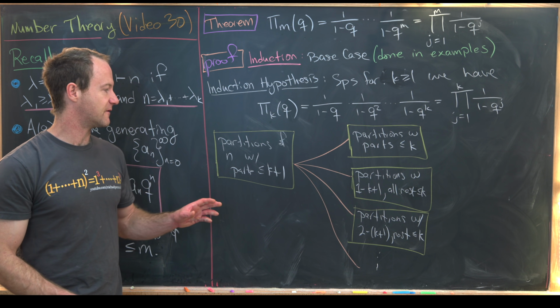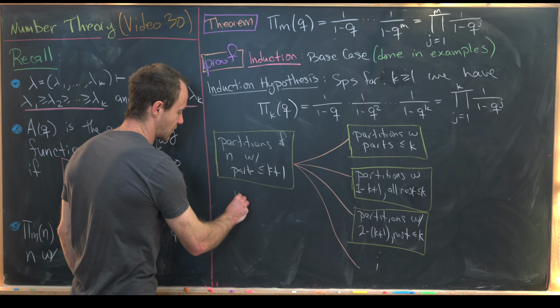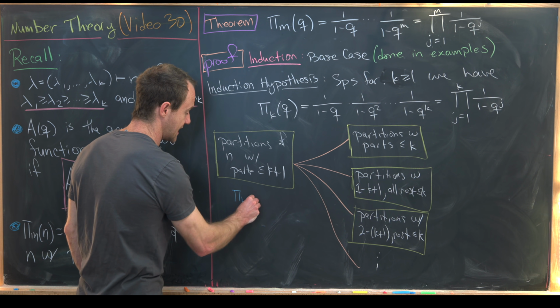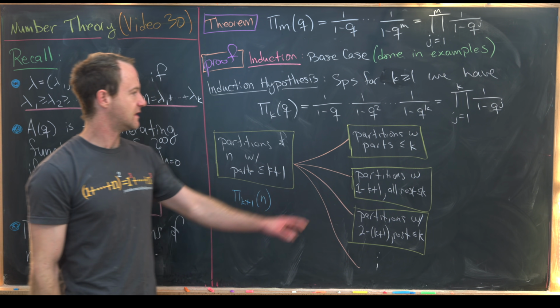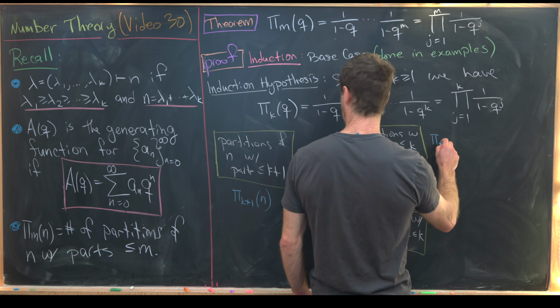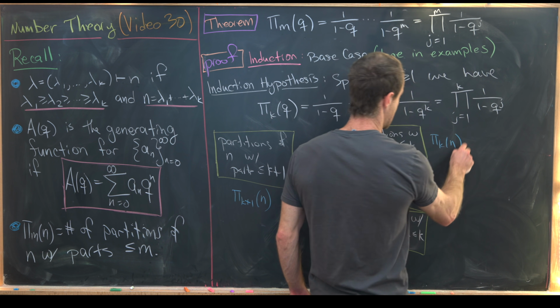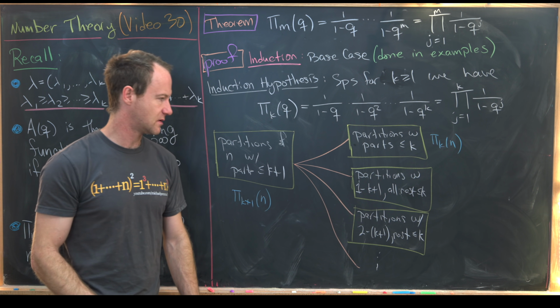So that's going to build the following recursion. How many of these are there? Well, there are exactly pi_k(n) of these. Then how many are there of this type? Well, there are exactly pi_k(n) of that type. Then how many of this type?